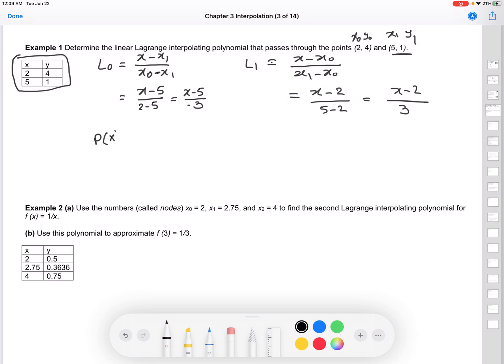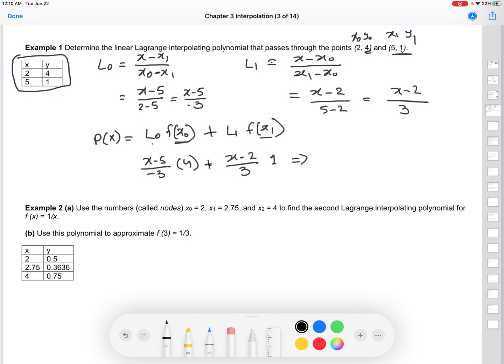P of x is equal to L0 f of x0, which is y0, plus L1 f of x1, which is y1.